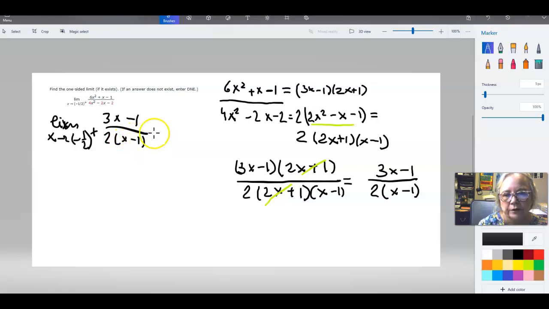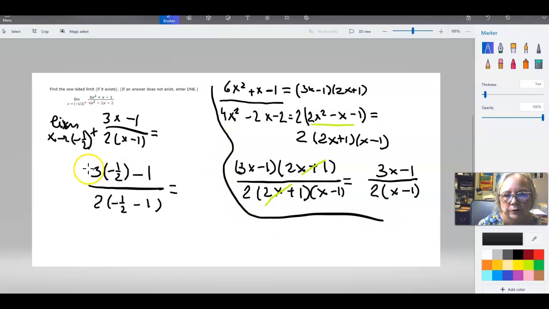So we plug in negative 1/2 and we get 3 times negative 1/2 minus 1 over 2 times negative 1/2 minus 1. So here we have 3 times negative 1/2, negative 3/2 minus 1, negative 5/2. And here we have 2 times negative 3/2 because we subtracted here in parentheses.